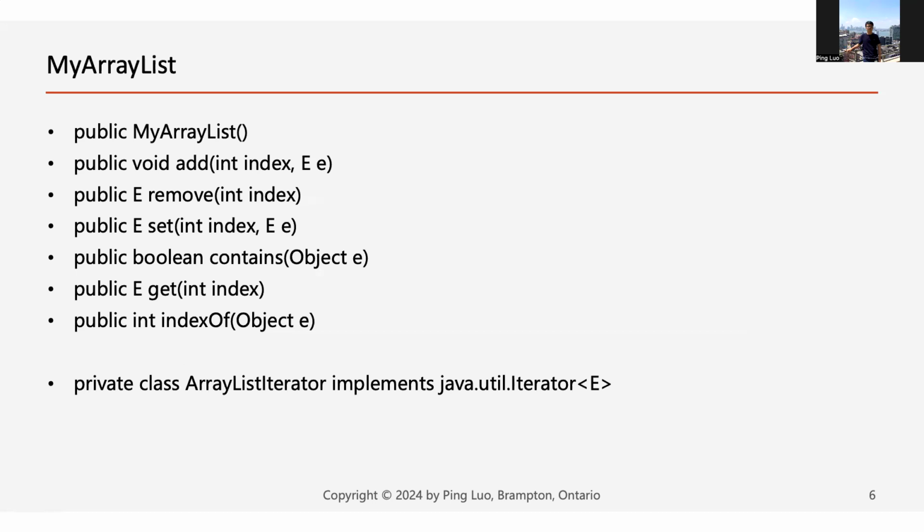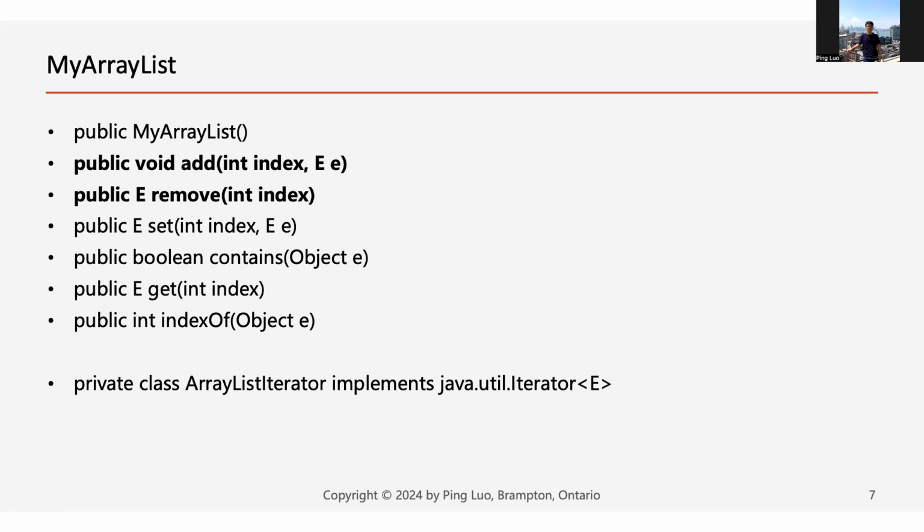So these are all the methods we need to implement if we want to write this array list class by ourselves. We have remove, set, and we also need to check if an object is contained in this list, get the element at an index, find the index of an element, and also implement the iterator if we want to use this function.